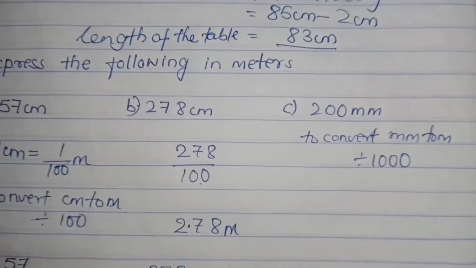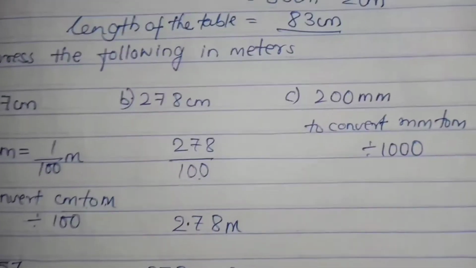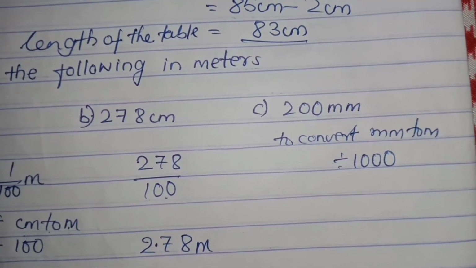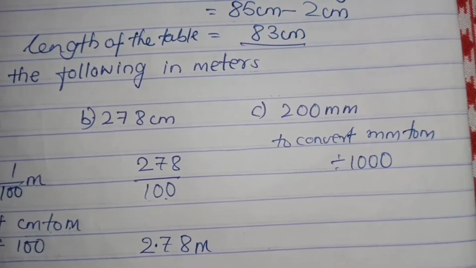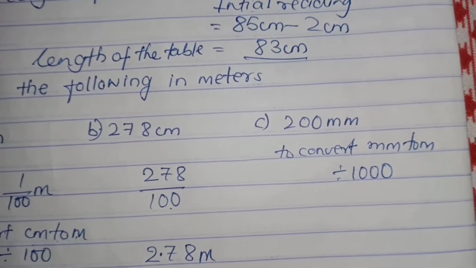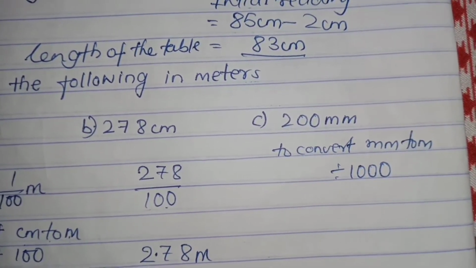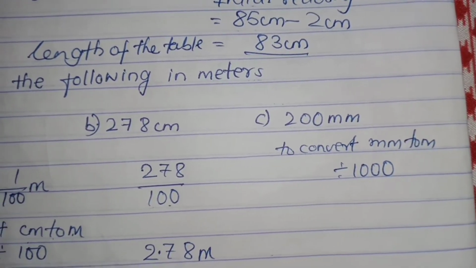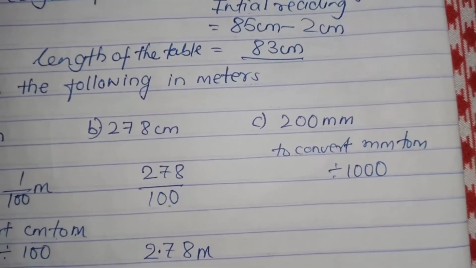You know that conversion table: kilo, hecto, deca, then the base unit, then deci, centi, milli. For length: kilometer, hectometer, decameter, meter, decimeter, centimeter, millimeter. So to convert millimeter to meter, we divide by 1000.